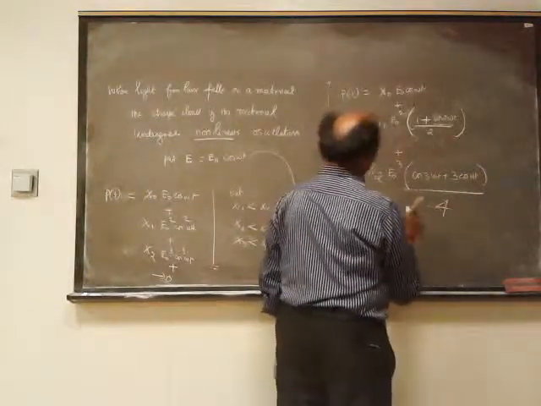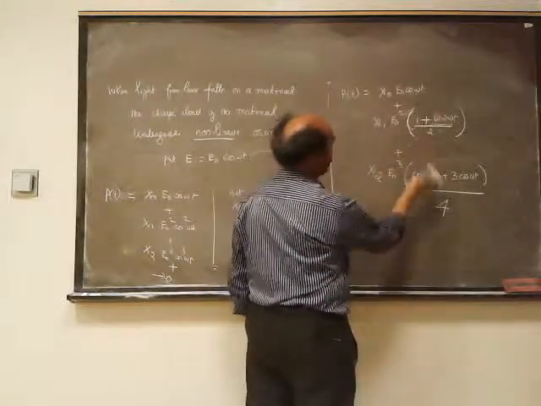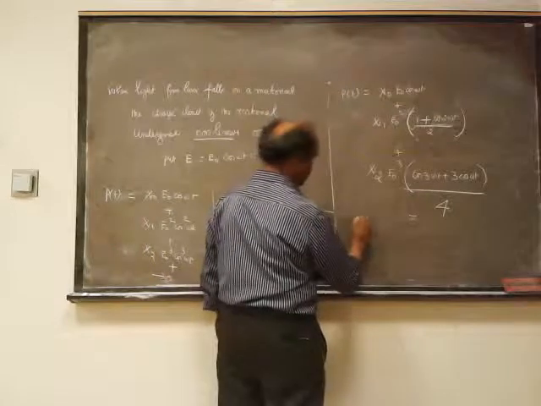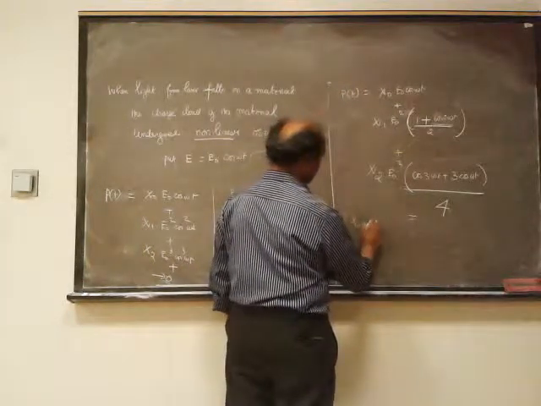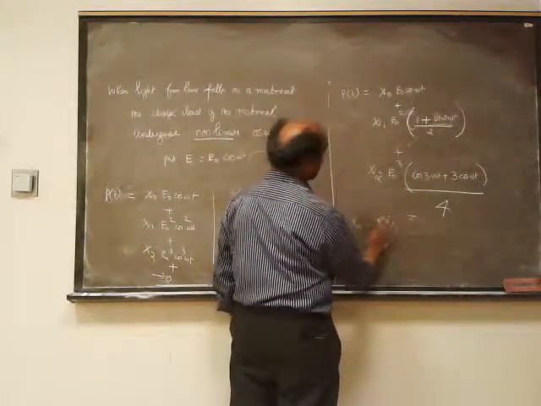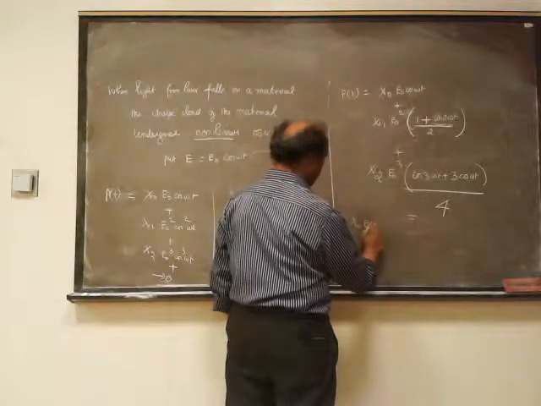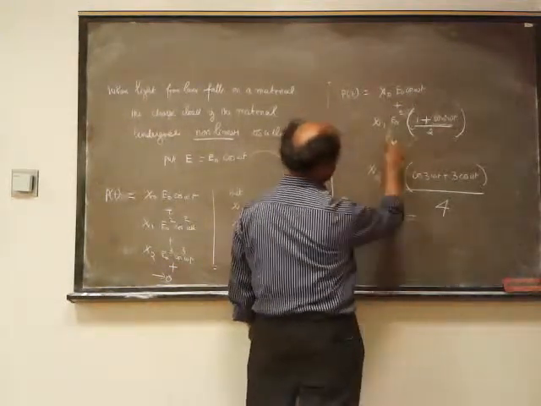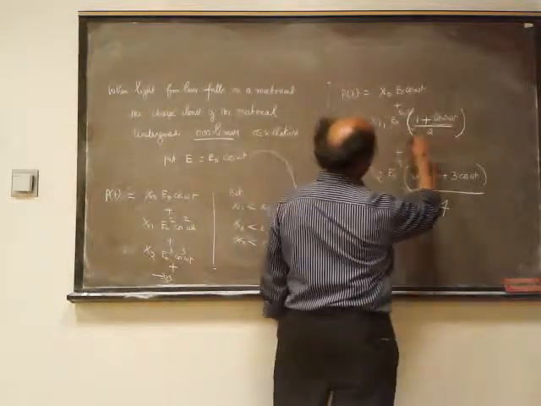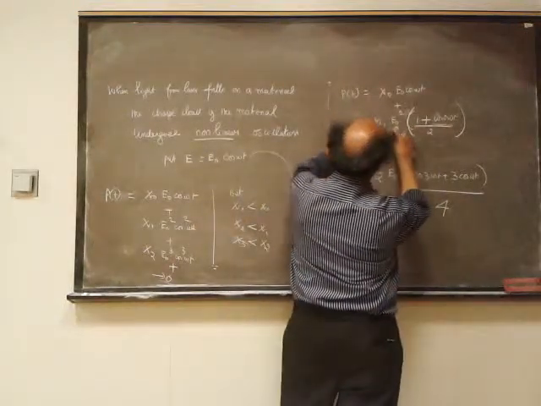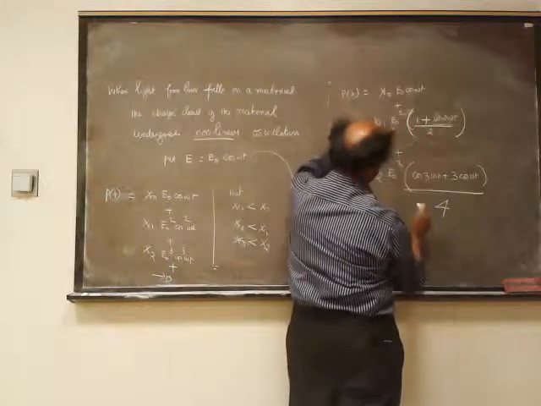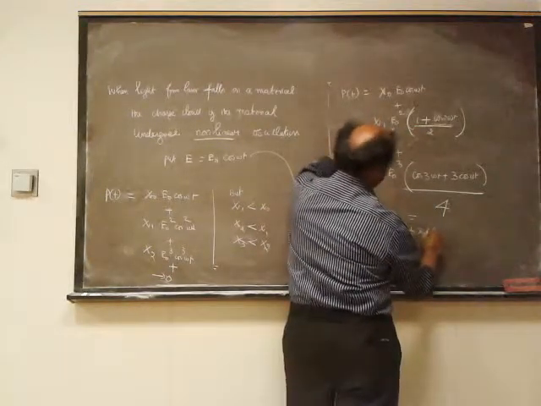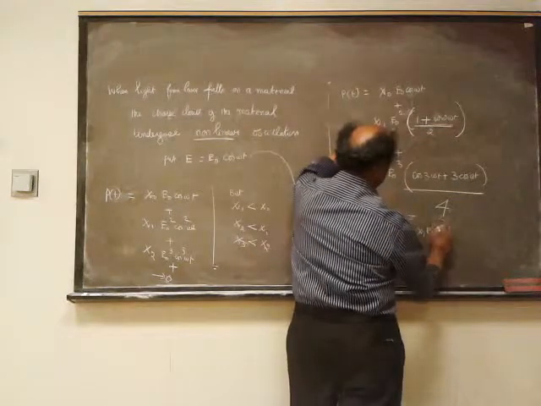Understand? Now we will simplify this. This equals chi naught E naught cos omega t plus, look at it, you have chi 1 E naught square times 1 over 2, so I can put it as half chi 1 E naught square.